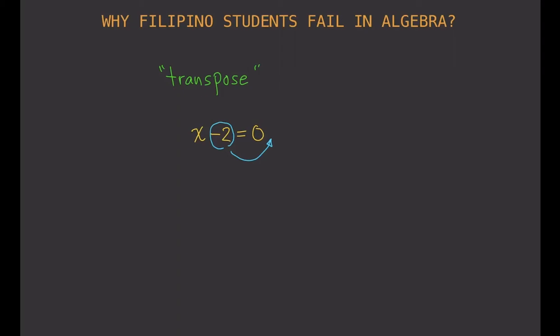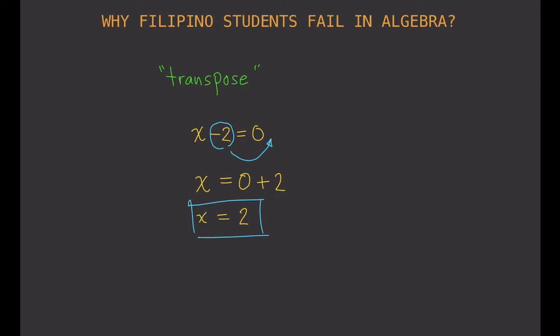That's what transposition means, right? So the equation becomes x equals 0 plus 2 because you transposed the negative 2 to the other side. And so finally, you'll get x equals positive 2. And that will be your final answer, right?